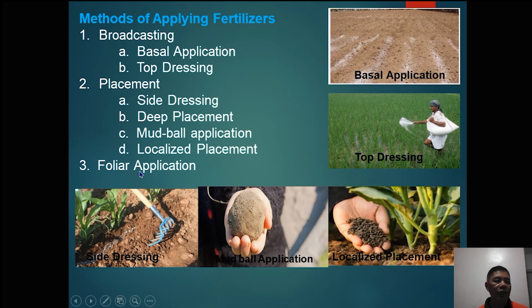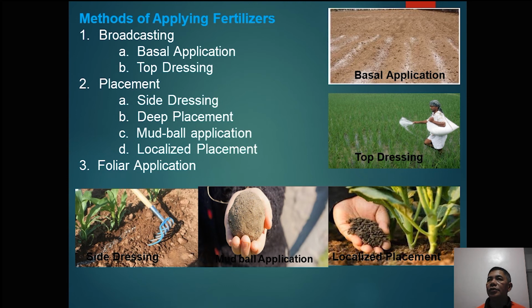This is common in liquid fertilizer, where the liquid fertilizer is sprayed to the leaves of the plant.